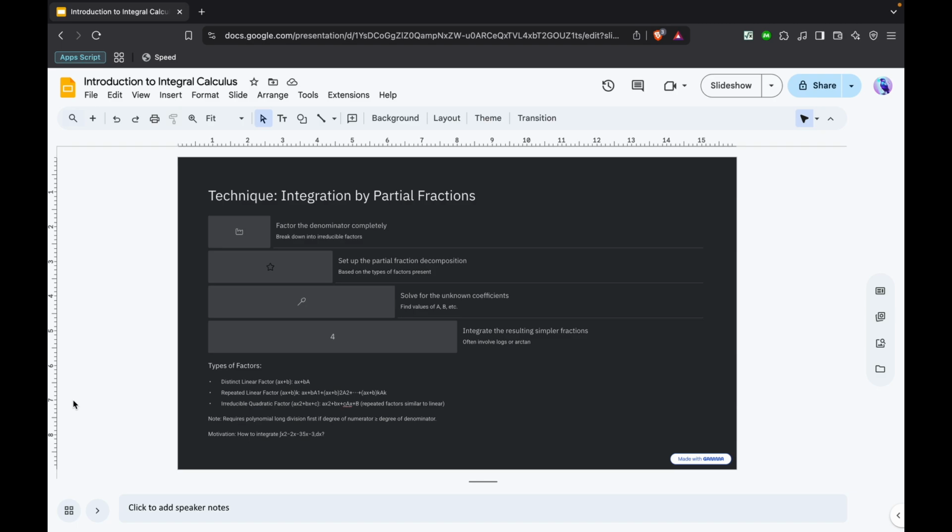The reason we might use this instead of u substitution is because the quadratics cannot be factored, and so u substitution is very difficult and almost outright impossible. But this requires a lot of algebra, so I'm not going to go much in depth with this.